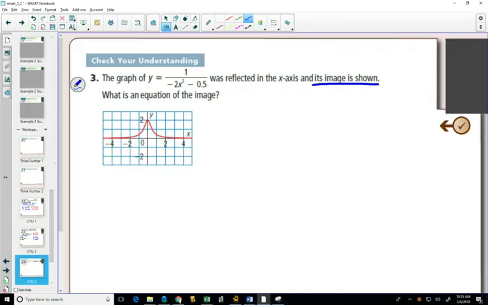How do we have our vertical reflection? If it's going to be a vertical reflection, that negative is going to be outside the function. So our equation of this red graph would be a negative outside of the function 1 over negative 2x squared minus 0.5. That's one way we could look at this graph.